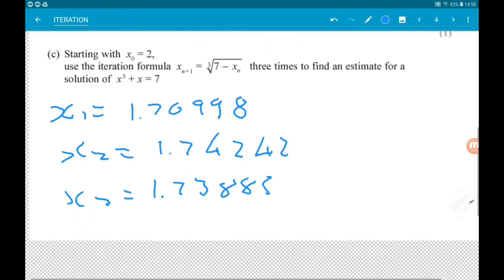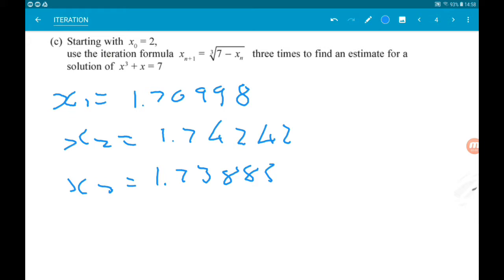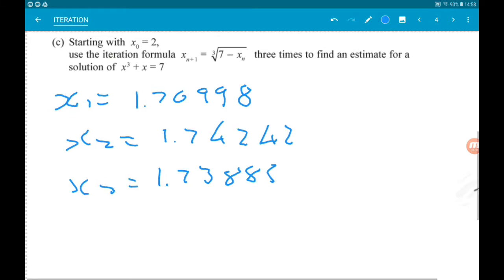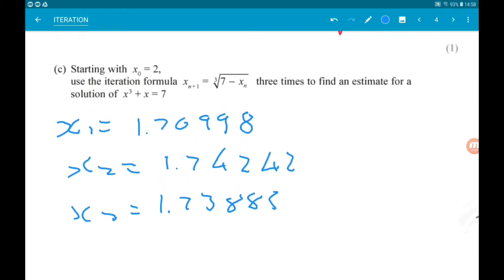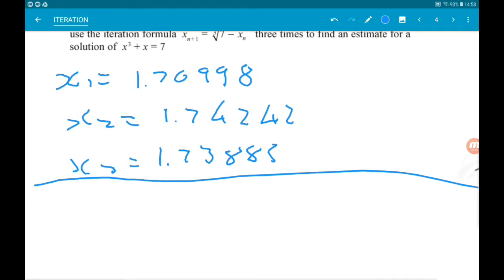Now while we're here, I'm going to chuck in an extra part. We are going to test whether this is a good estimate. So, what we're going to do to check this is substitute this value of x into x cubed add x. What we should get, if it is a good estimate, is an answer very close to 7.